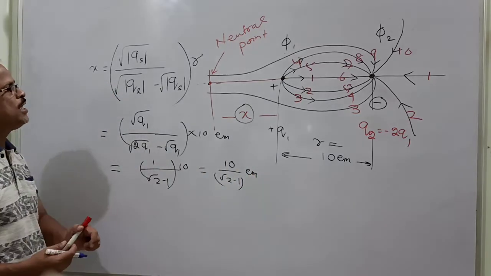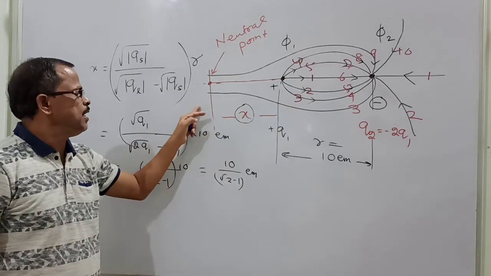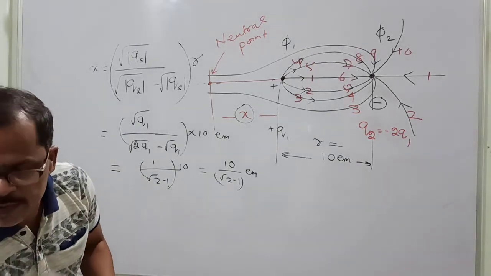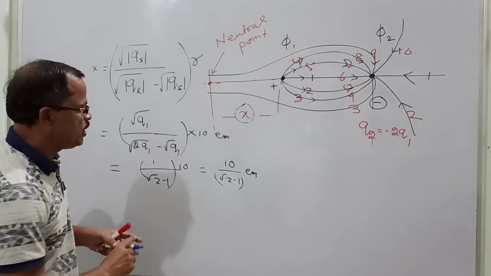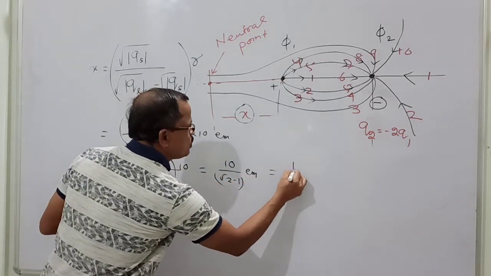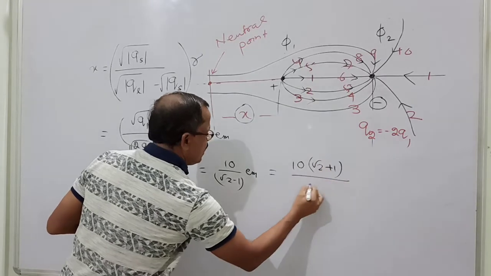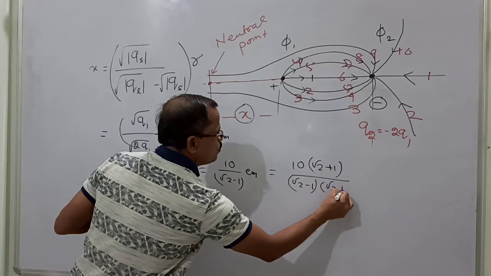So the neutral point is near Q1, to the left of it, by a distance of 10 by root 2 minus 1 centimeter. That may be reduced by multiplying by root 2 plus 1 divided by root 2 minus 1 into root 2 plus 1.